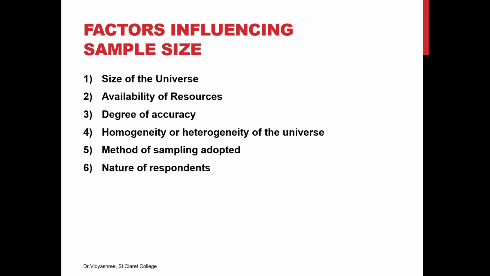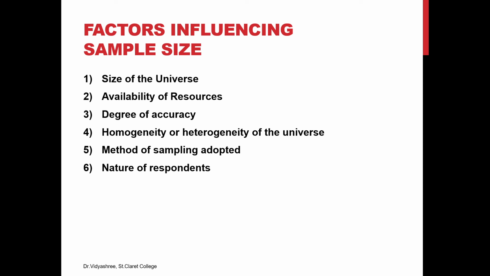Then homogeneity or heterogeneity of the universe. Homogeneity is nothing but the similar kind. Heterogeneity is different kinds. For example, you are collecting the data from the students. So the students here have different categories, right? In the sense, it has a heterogeneity. So they belong to different courses.